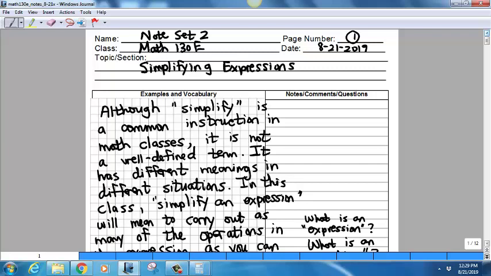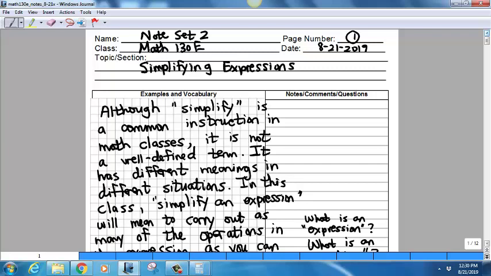So in this class, when I'm talking about simplifying an expression, what I mean is I want you to carry out all of the arithmetic operations that you can in that expression as much as you can by hand, without resorting to an estimate. You can use a calculator, I didn't say you don't have to use a calculator, but you don't want to resort to a decimal estimate.